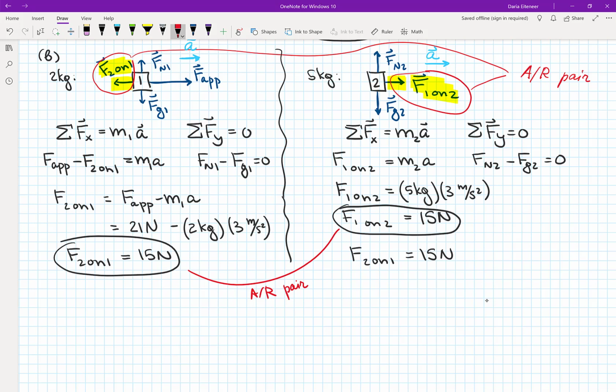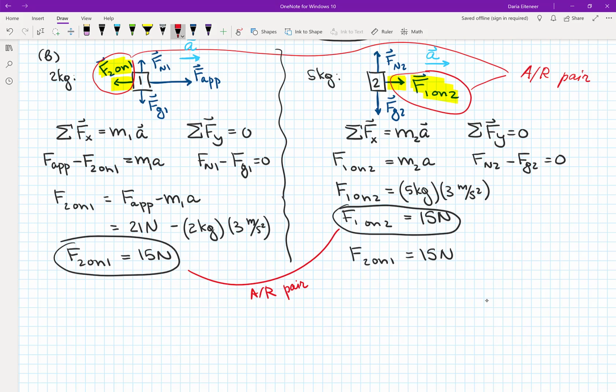So yeah, we confirmed what we already said. So in some cases, you will have more ways than one to solve for something. Just make sure that you follow one of those paths. So here I had basically two ways of solving for F2 on 1. It's fine. I mean, whichever one works.